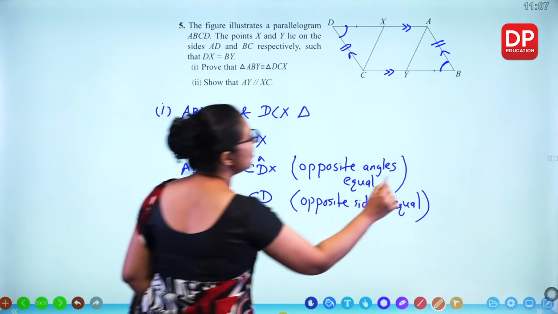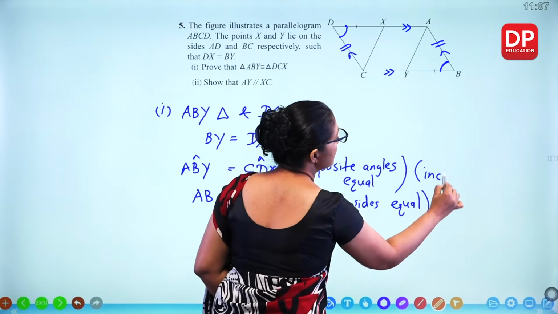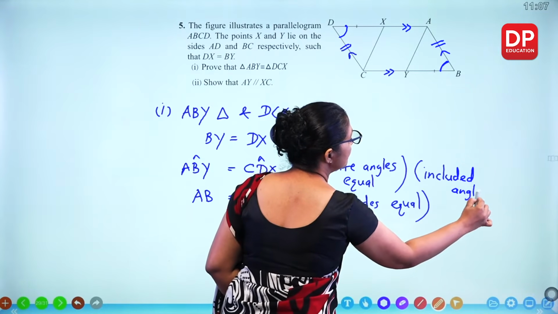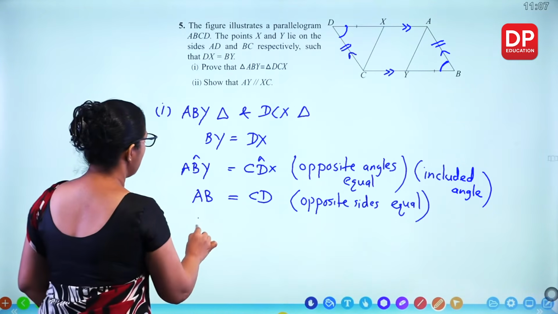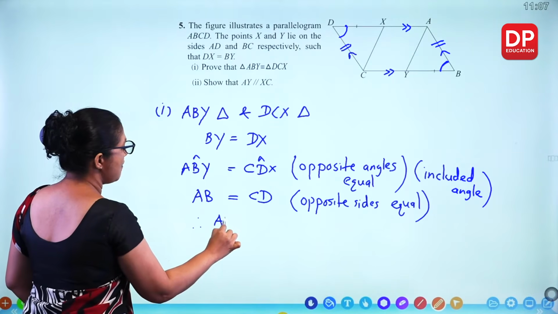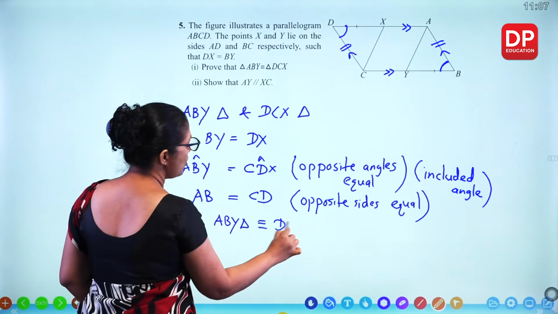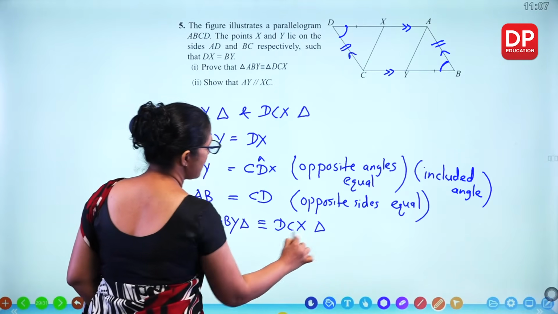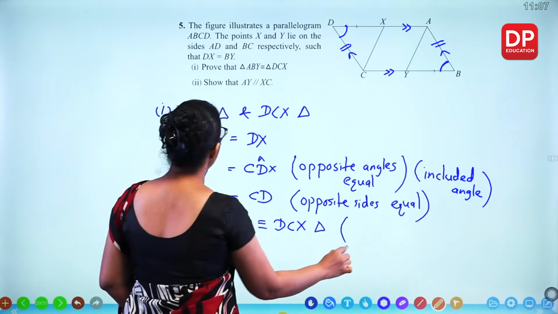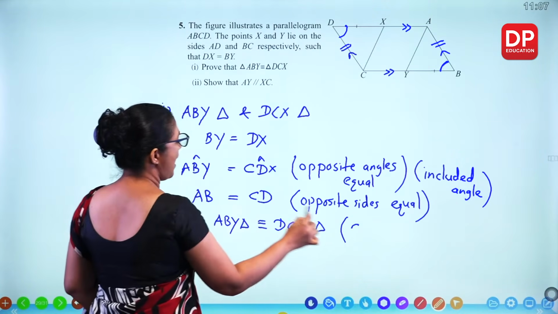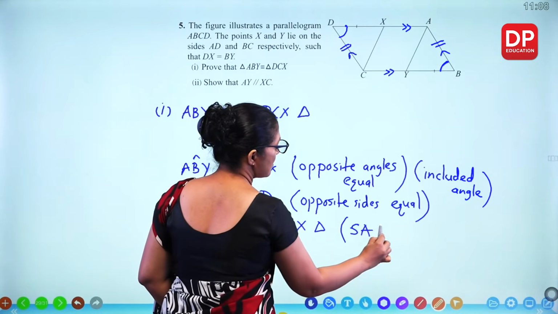This is also included angle. So we can write ABY triangle is congruent to DCX triangle. What's the situation? Side, angle, side.